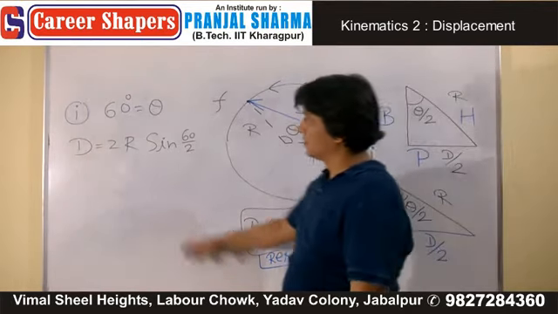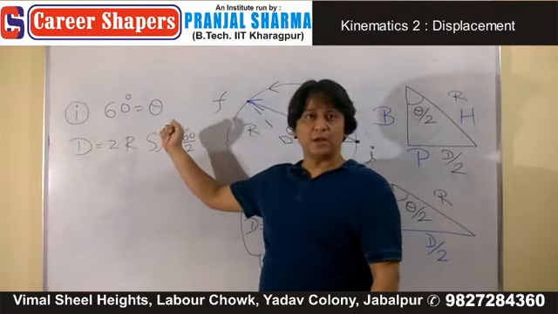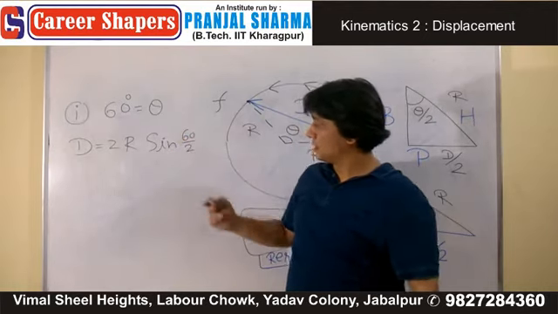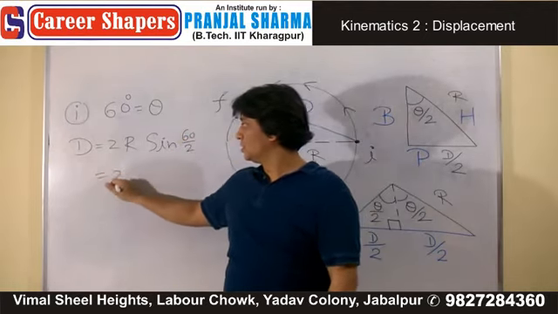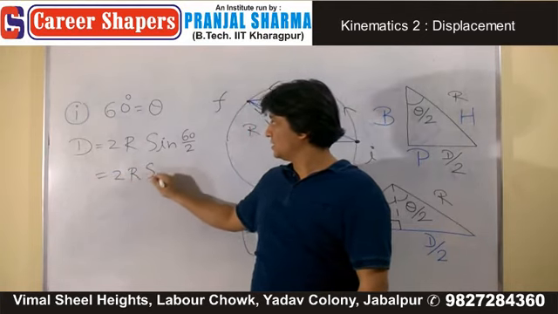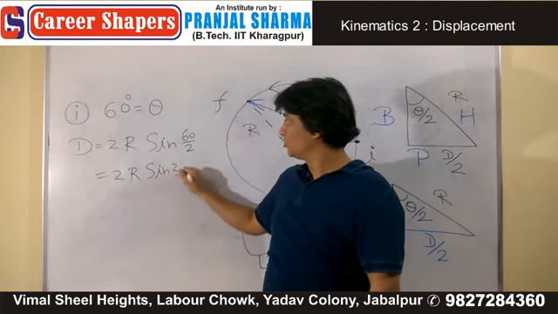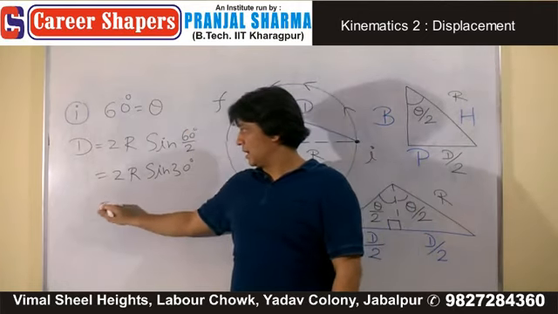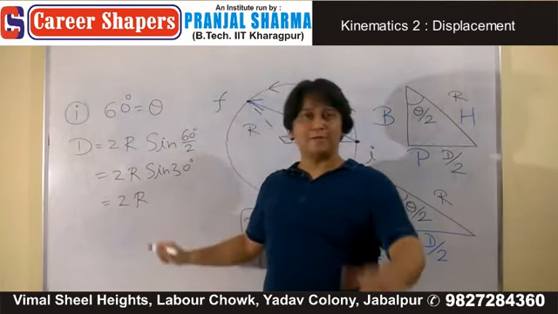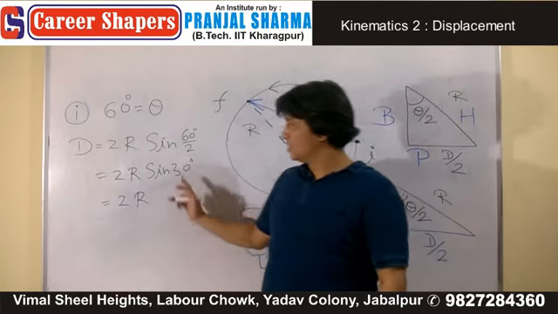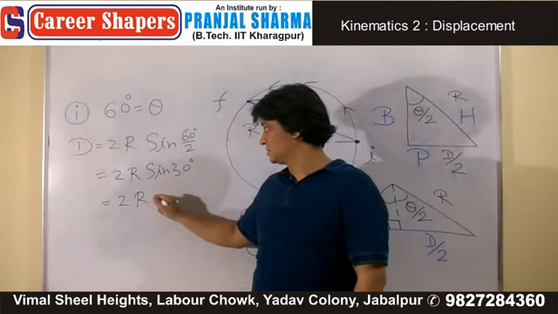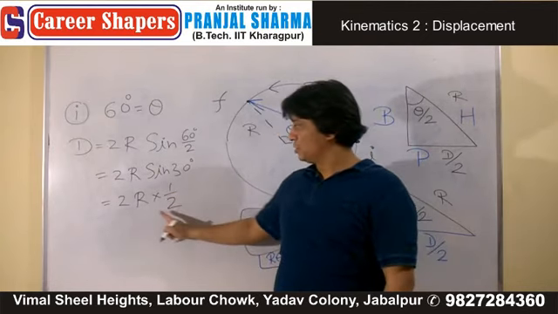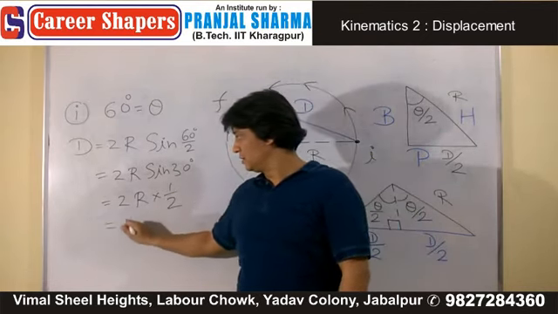Look, 60 by 2. What is this? 2r sine 30. And I hope each and everyone in the class knows what sine 30 is. What is sine 30? 1 by 2. 2 and 2 cancelled.